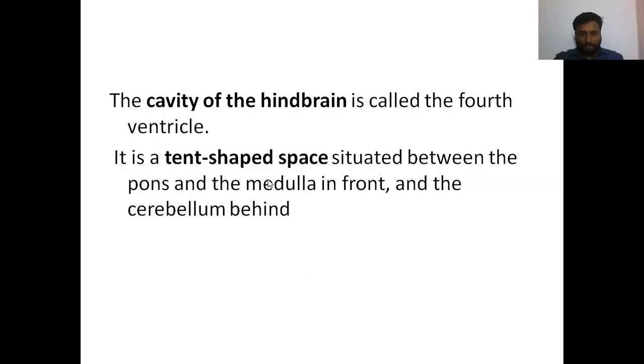See, it is a cavity of the hindbrain, a tent-shaped space. It is seen behind the pons and medulla and in front of the cerebellum. You have to note this. It is seen behind the pons and medulla, in front of the cerebellum.